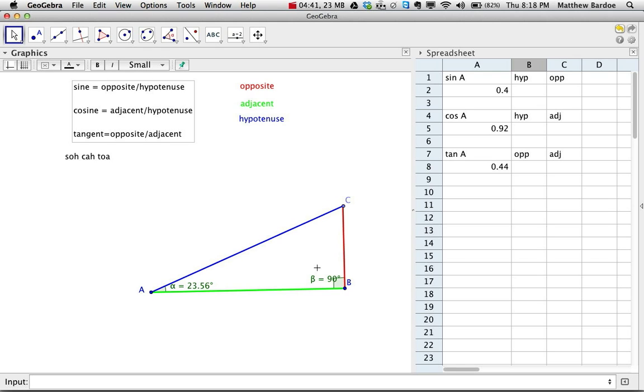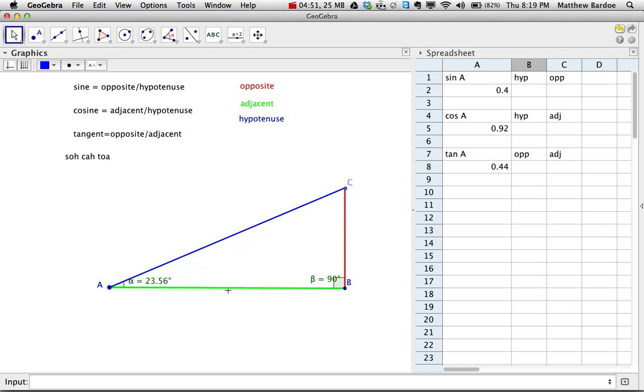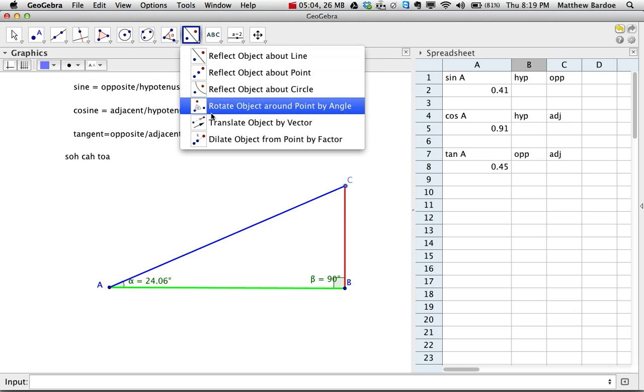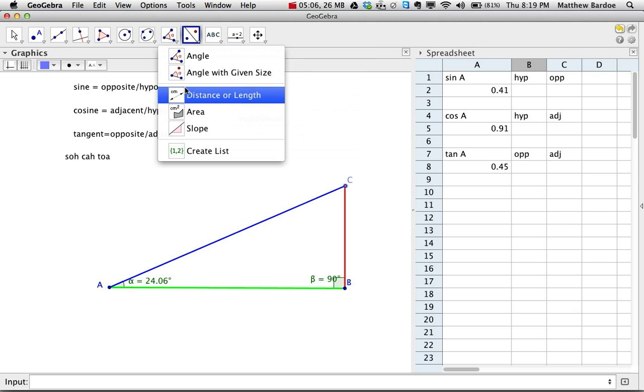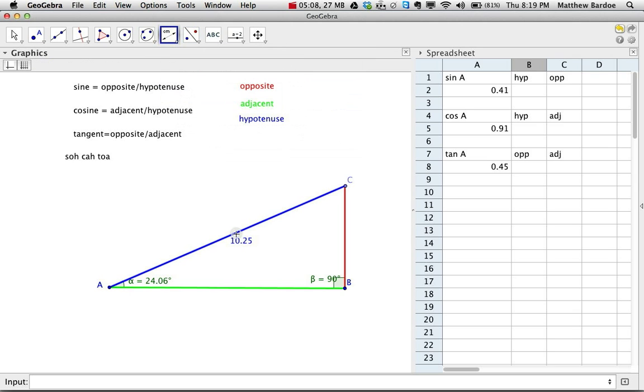So why know these things? Well, they become very useful if I'm trying to understand sizes inside a triangle, and I only know a few things. So let's imagine that I know that the angle is about 24 degrees, and I know that the hypotenuse is 10.25.